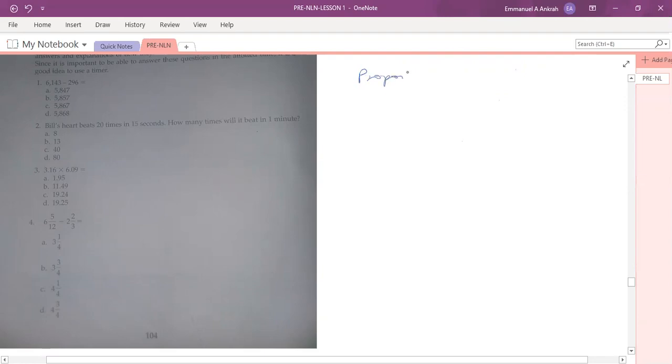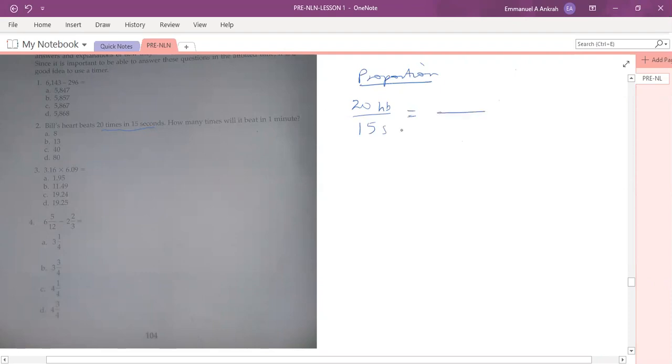We'll be using proportion a lot. You have this beating 20 times in 15 seconds, so I can say 20 heartbeats in 15 seconds. Set up the same ratio on the other side.